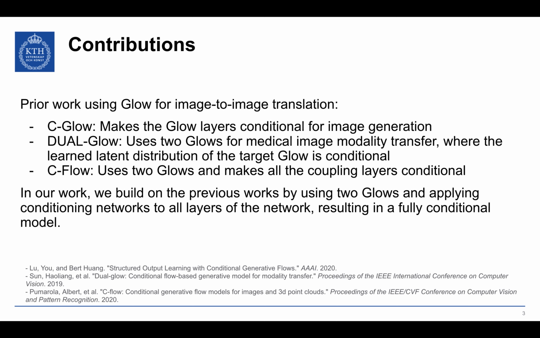Then dual GLOW was proposed, which used two GLOW models operating in source and target domains for medical image modality transfer, and CFlow proposed a similar architecture to dual GLOW, where the conditioning was made in the coupling layer, only one of the layers of the GLOW model. And what has not been discovered in these works was how the performance of the model changes if we provide conditioning in all the layers of the model.